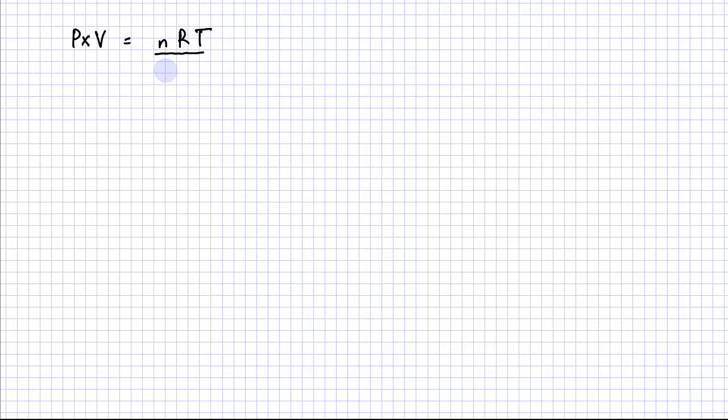So for T equals constant, let's say we keep the temperature constant and we keep the number of moles constant. So if we keep them constant, and R is already a constant, then this product, pressure into volume, would also become a constant.